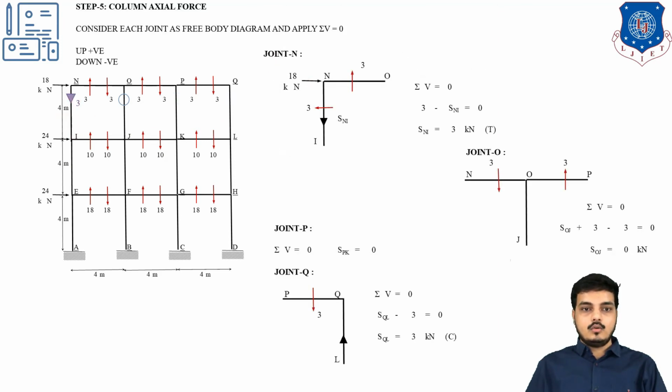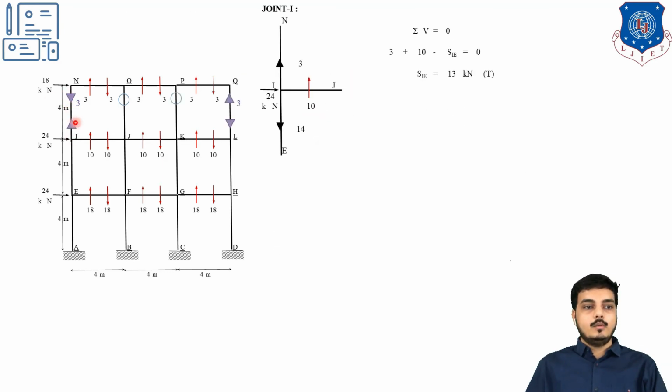Over here it was coming downward, so equal and opposite needs to be placed. So I have placed at both the points. Now this force will be over here, which will be helpful for solving summation of V equals 0. Now calculating this force over here. Summation of V equals 0. This one is upward. So positive 3 plus positive 10 minus SIE, as I have assumed, equals 0. So SIE will be equal to 13, in tension as it is pulling.